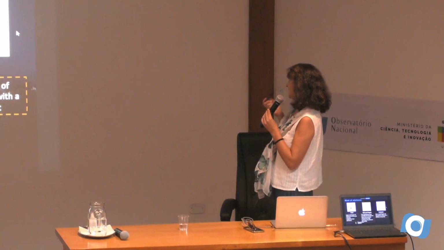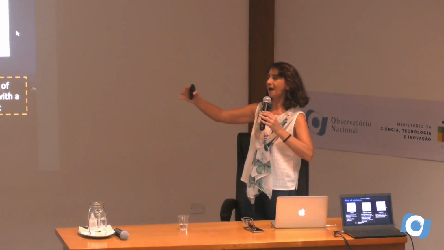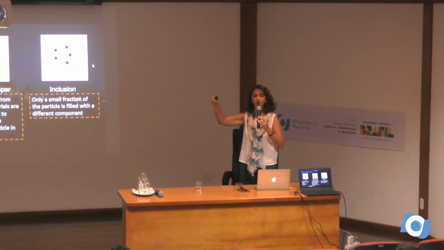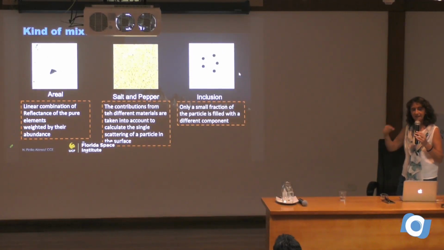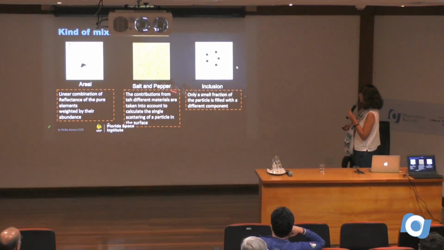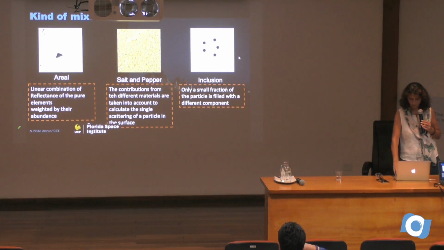Then there is the possibility of inclusions. Imagine that you had a big chunk of ice and you had very small particles, not comparable with the size of the wavelength, of another material. Then it's going to produce a different kind of scattering. And this is what we call inclusions. These are the three basic, but you can complicate the picture as much as you want.